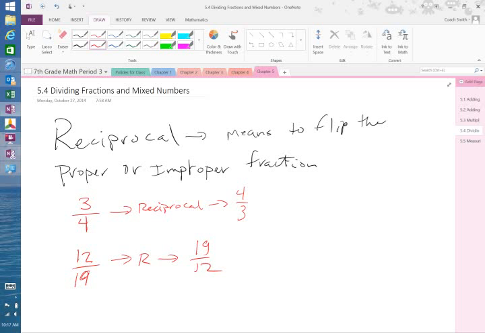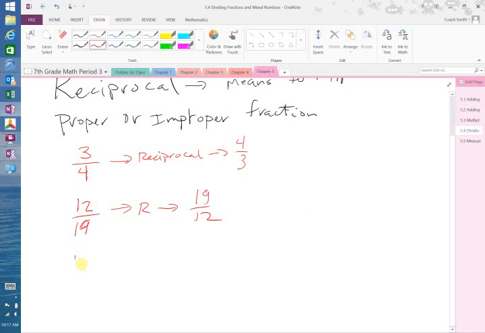Okay, if I was trying to find the reciprocal of 5 2/5, I must first change it to an improper fraction. What is 5 2/5 as an improper fraction? 27/5. Now I do the reciprocal, which is 5/27.